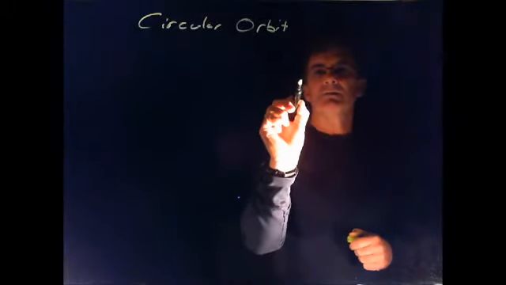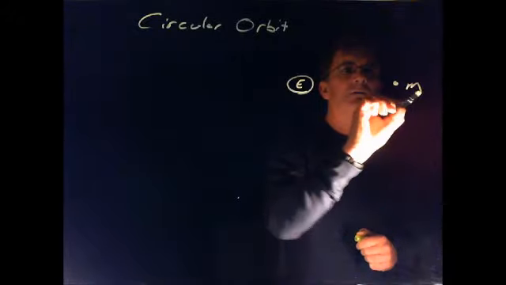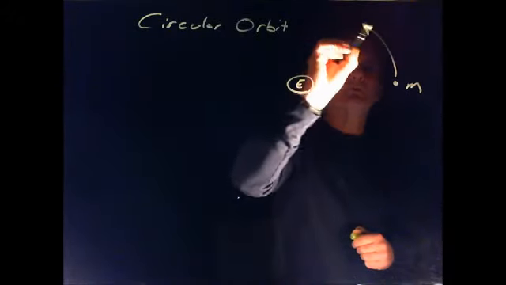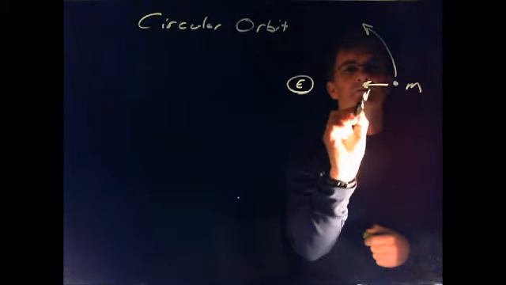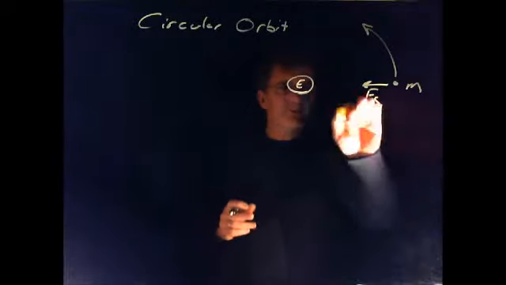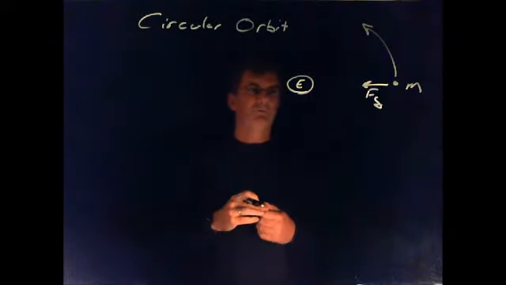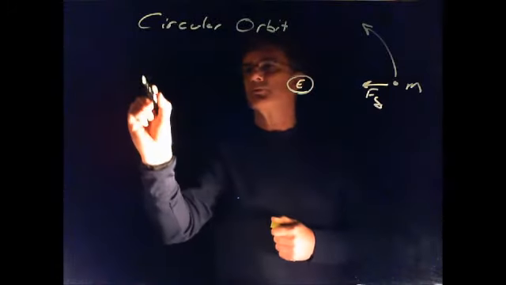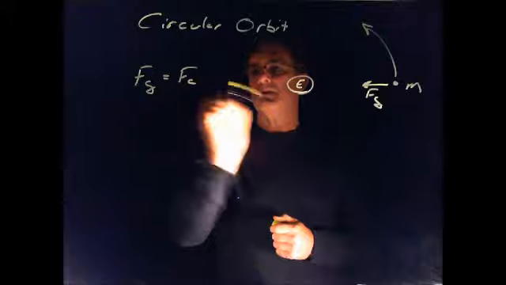So let's say this is Earth, and we've got the moon out here, going around the Earth, and the only force acting on it is the force of gravity between the Earth and the moon. This gravitational force is providing the centripetal force.